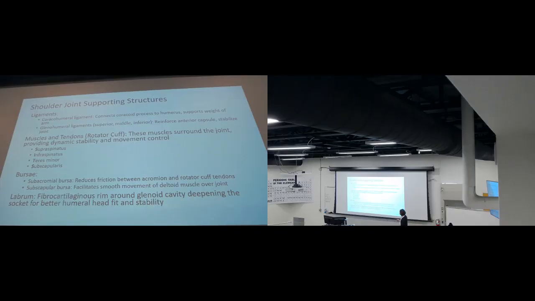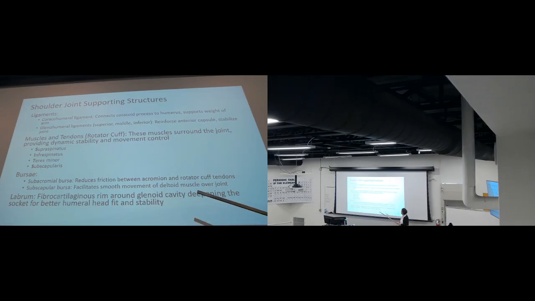So we already saw all of these, the rotator cuff muscles, and for these ligaments, the coracohumeral ligament, it is only one ligament that connects the coracoid process to the humerus, and then it helps to support the weight of the arm. Now the glenohumeral ligament is subdivided into three, the superior, middle, and inferior, and this one reinforces this anteriorly.